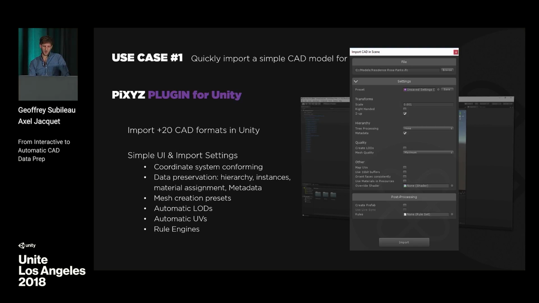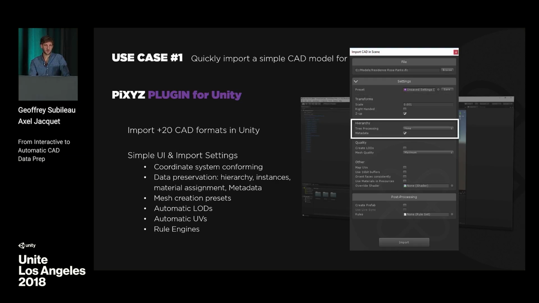Anyway, very, very quickly, first, when importing a CAD file, you get to choose your input CAD file. Then you can conform coordinate system and units inherited from the CAD file to your Unity project.